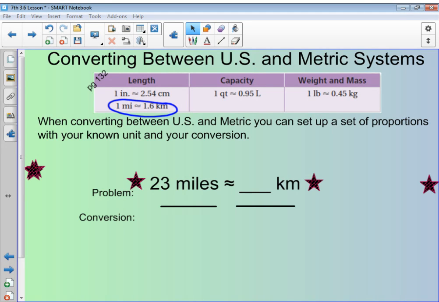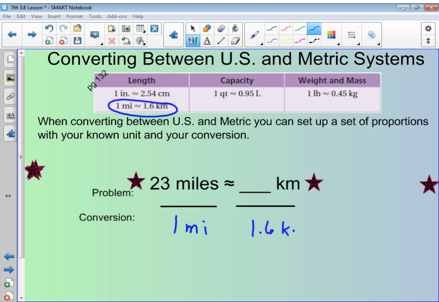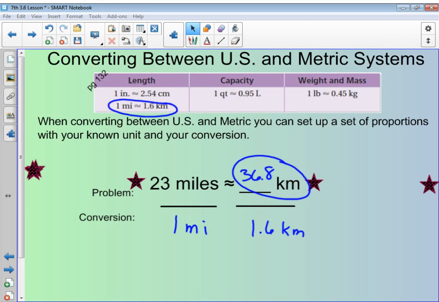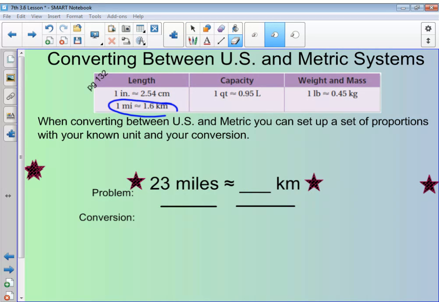You have 23 miles and you want to convert that into kilometers. You should have gotten 36.8 kilometers for that one. Doing that cross multiply divide, matching your labels.